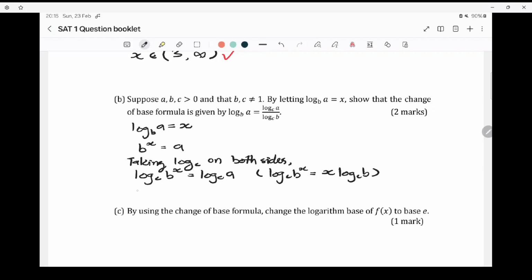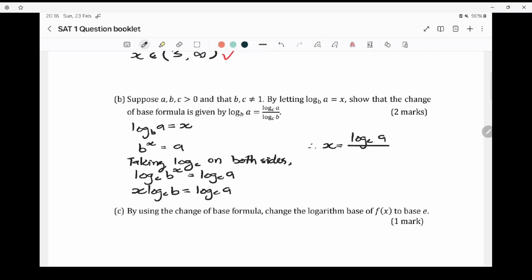So then you have x log base c b equals log base c a. I erase this part because it's just identity. So therefore x equals log base c a divided by log base c b.